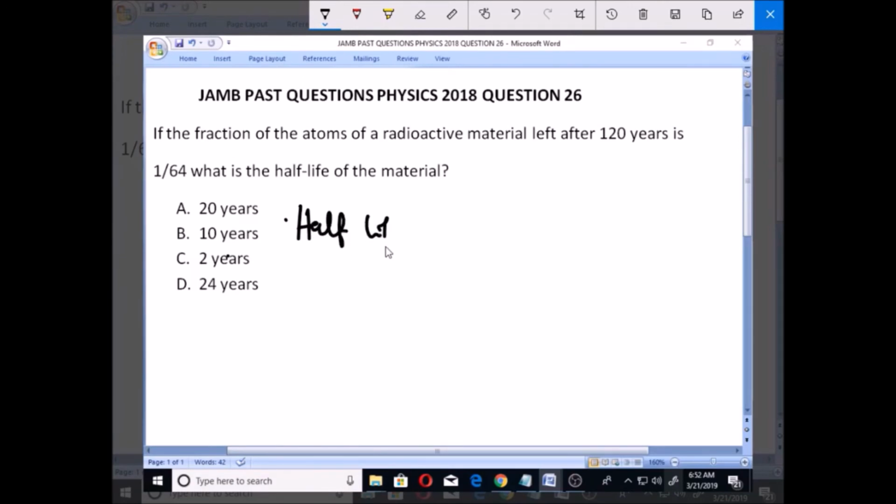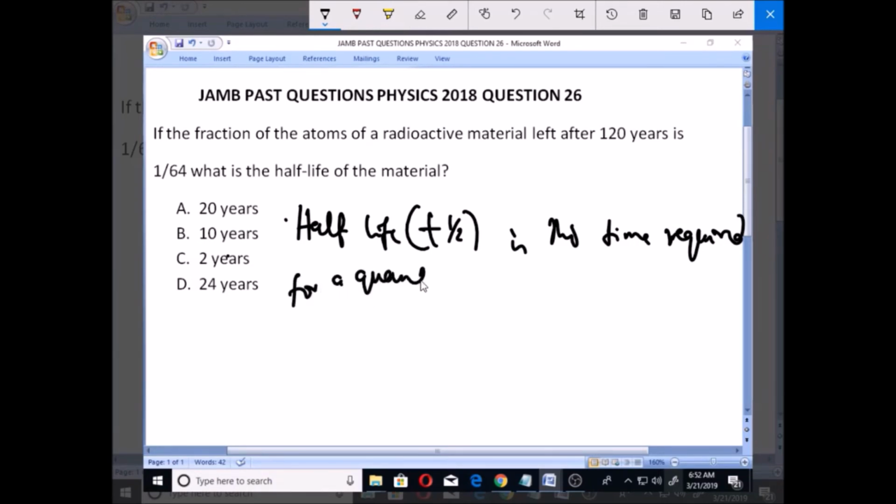So half-life, represented as T half, is the time required, that very time required for a given mass or quantity to reduce to half of its initial value.